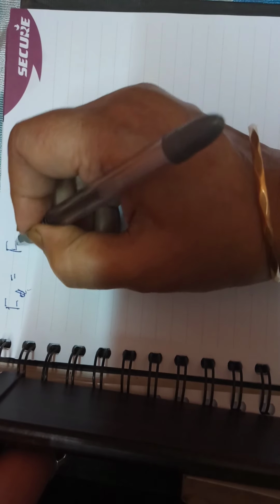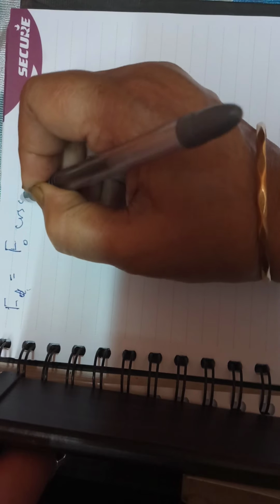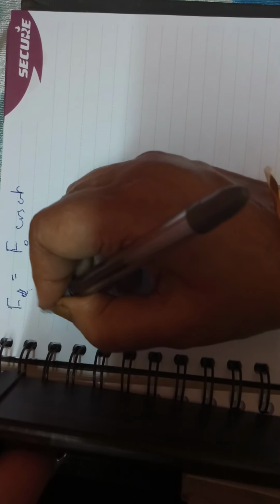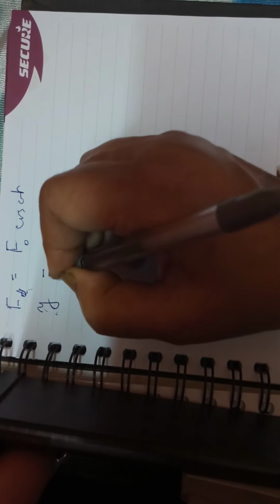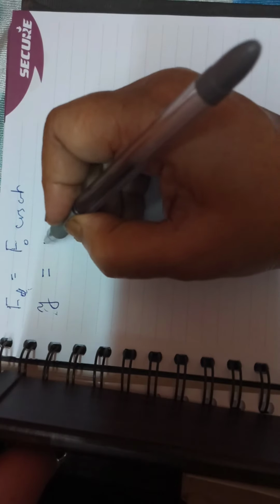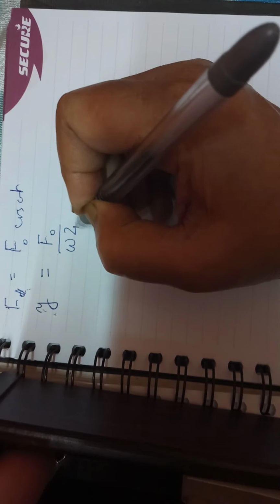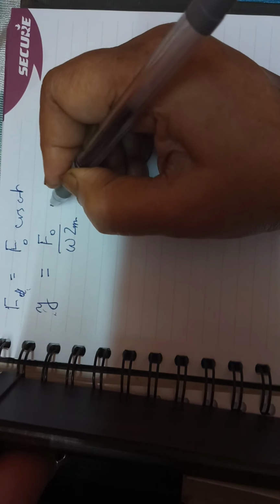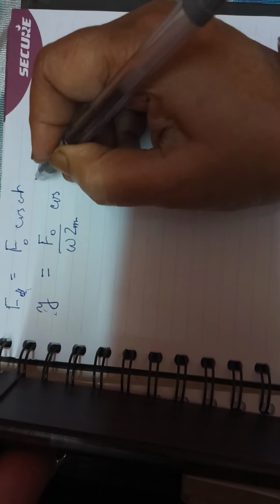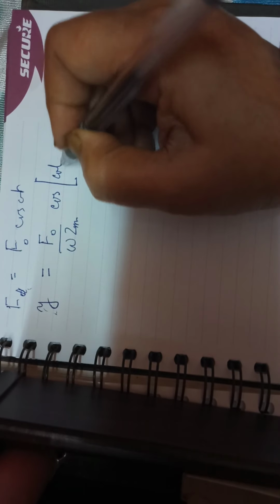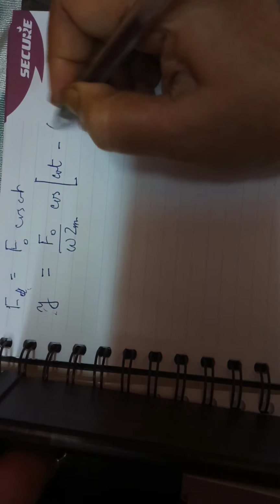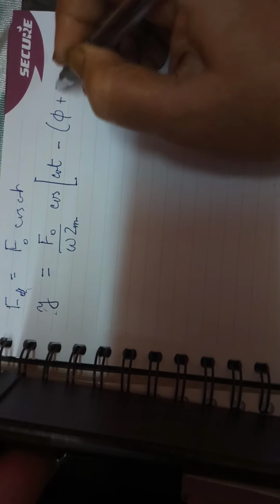So if you just compare f equal to f naught cos of omega t of the driving force to the real part of what you have written just now, y equal to f naught by omega Zm cos of omega t minus phi plus pi by 2.